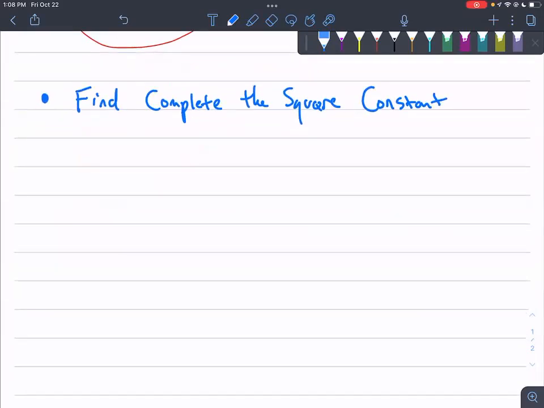Next, find the complete the square constant. The instructions will say which number completes the square.